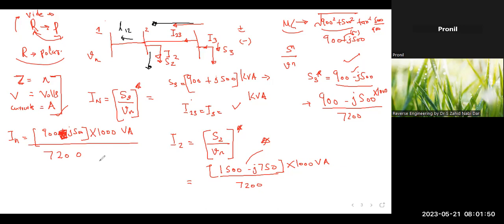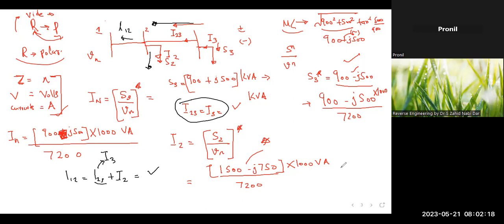So you can write your I12 value. I12 value is equal to I23 plus I2, right? Where your I23 is nothing but I3 only. I have already shown you I23 is nothing but I3 only. So from here you get the I12 value, right?